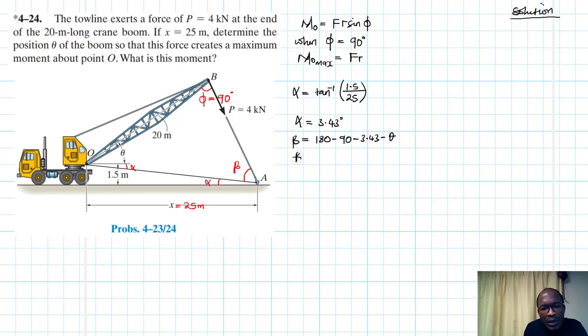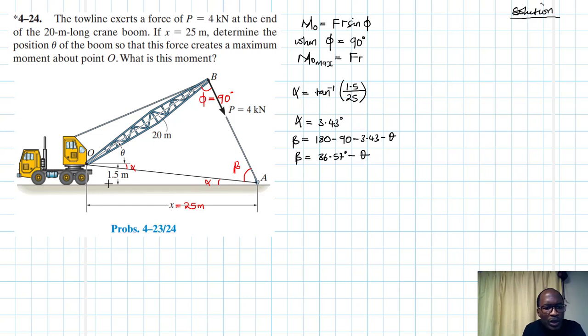So beta will be 180 minus 90 minus 3.43, which gives us 86.57 degrees minus theta. So this is our beta.